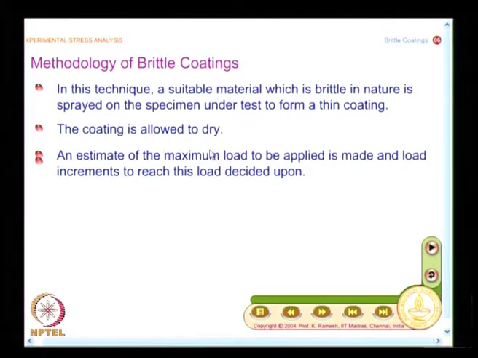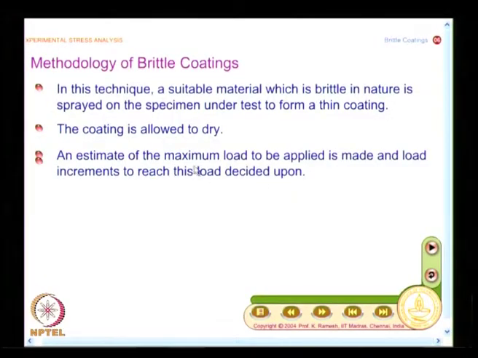and then how do you load the specimen? Here the loading of the specimen is very interesting. An estimate of the maximum load to be applied is made, and load increments to reach this load decided upon. This is the peculiarity of the technique, which I have mentioned earlier too.